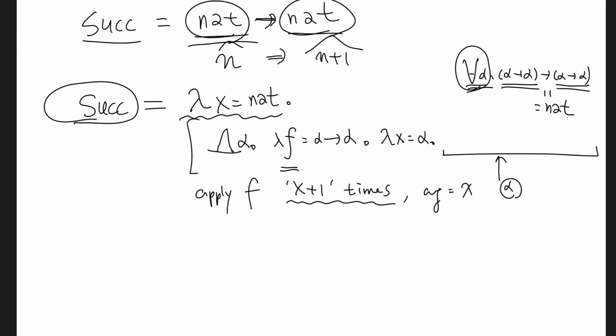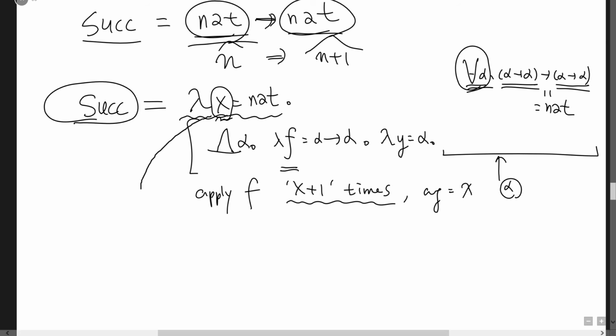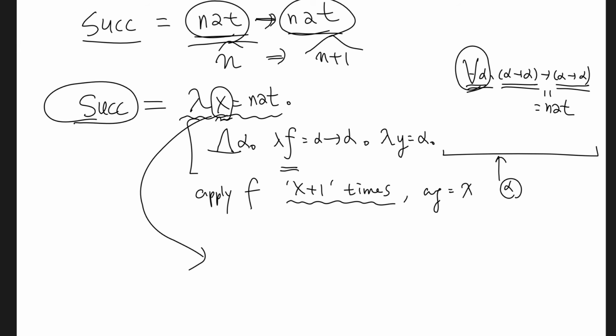So first we have to somehow exploit the argument x here, because this is confusing. Let me call it y. Okay, let's say this is x. So this is x, and the inherent capability of a natural number is to count something exactly x times, or a given number of times.